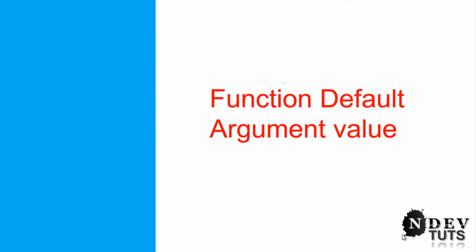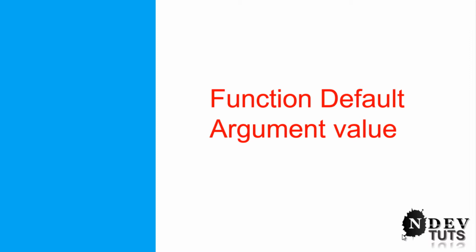Let's talk about PHP default argument value. When creating a function in PHP, it is possible to provide default parameters so that when a parameter is not passed to the function, it is still available within the function with a predefined value.